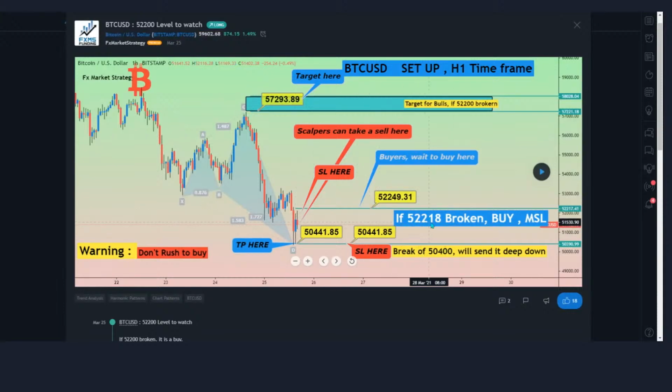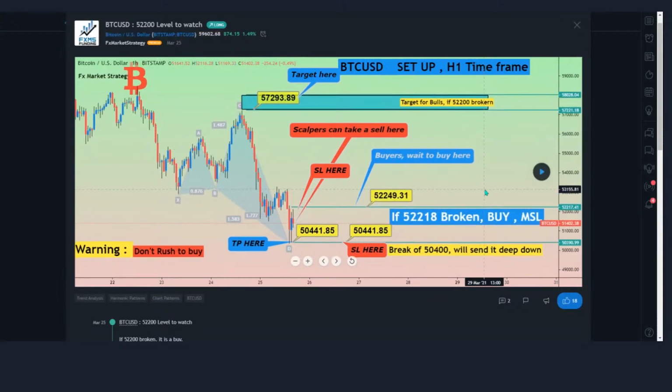A 52,218 broken buy, and this will be a reversal pattern right here, as you can see, a harmonic pattern right here. And also this will be MSL, market structure low. This break of 5400 will send it down. That was not expected because we were long in this one, but we were just giving you the other opinion, as people do like to see both scenarios.